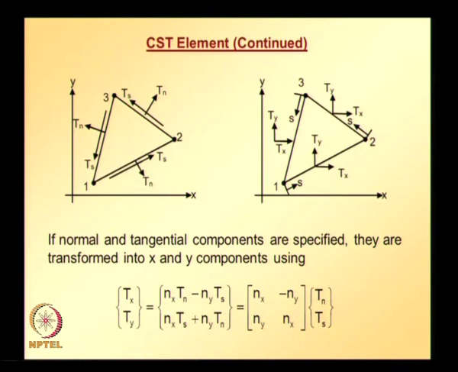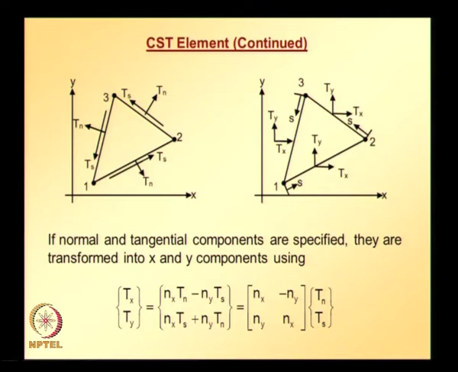So, how to calculate nx and ny? Knowing the coordinates of the endpoints of a line segment, the direction cosines of the outer normal can be calculated. Please note that we are carrying out this integration along each of the element edges, so we have to take these edges one by one.